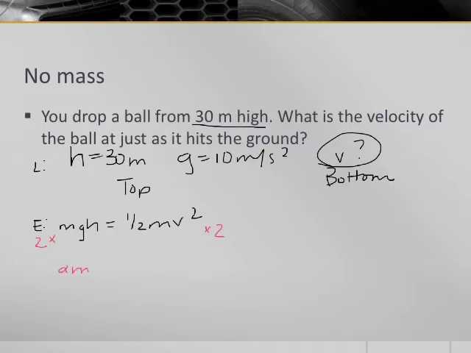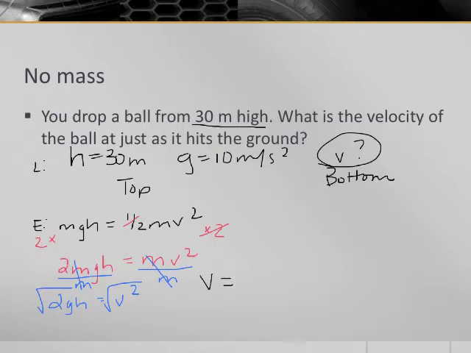So we have 2mgh equals mv squared. Your next movement would be moving the m. You'll notice that cancels out on both sides. Hence, you don't need mass. So now we're down to 2gh is equal to v squared. To solve for v, you just take the square root of both sides, and your equation is v equals the square root of 2gh.